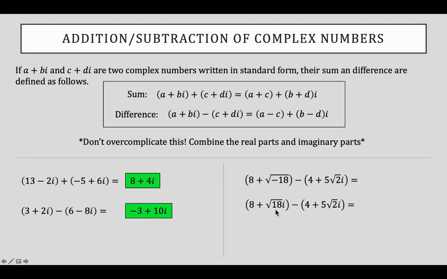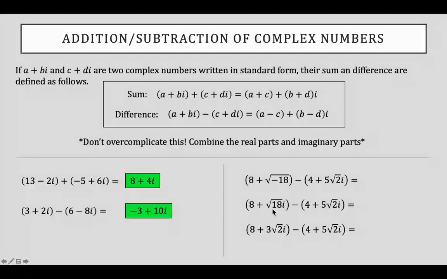Are there any factors of 18 that are perfect squares? 18 is the same thing as 2 times 9. So this radical, root 18, actually reduces into 3 root 2. So this is 8 plus 3 root 2 i minus the quantity 4 plus 5 root 2 i.